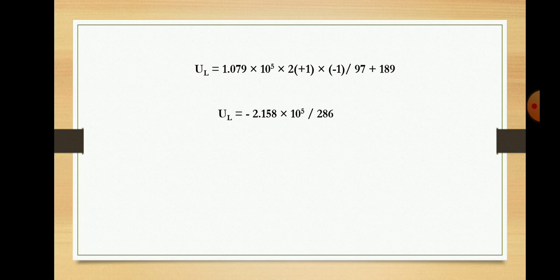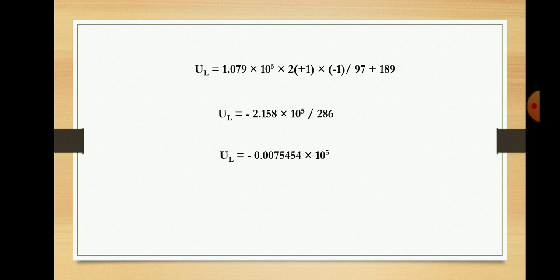We solve this equation like this. The value is minus, so 2 into 1 into minus 1, it is minus. So 2 into 1.079, we get 2.158 into 10 to the power 5 divided by 286.